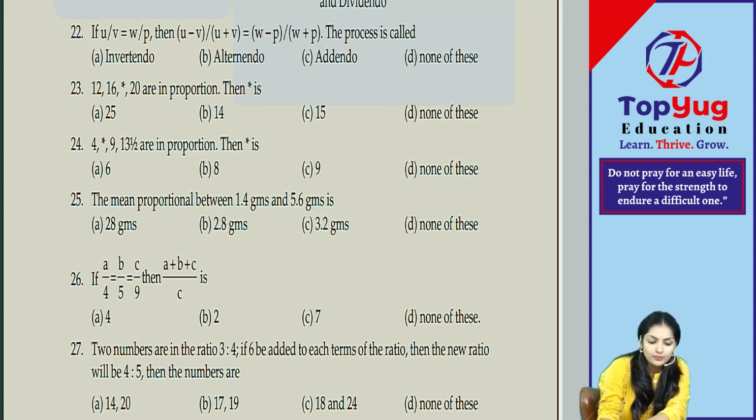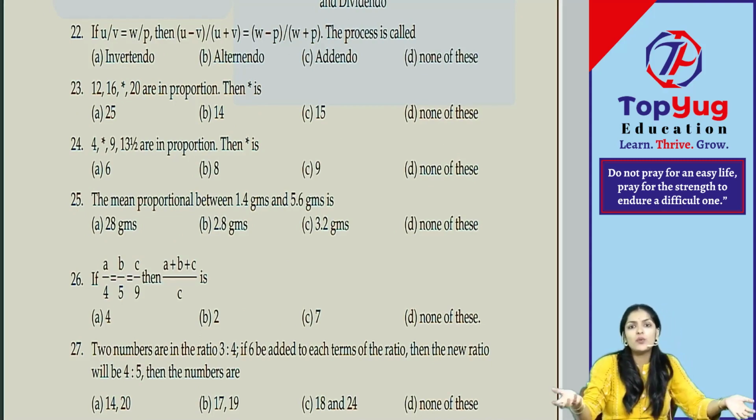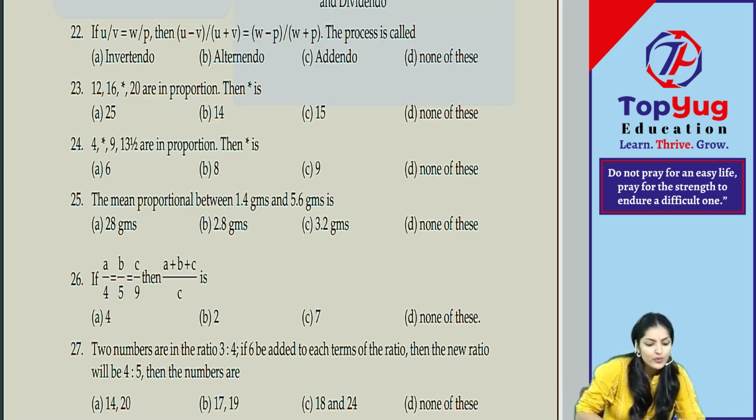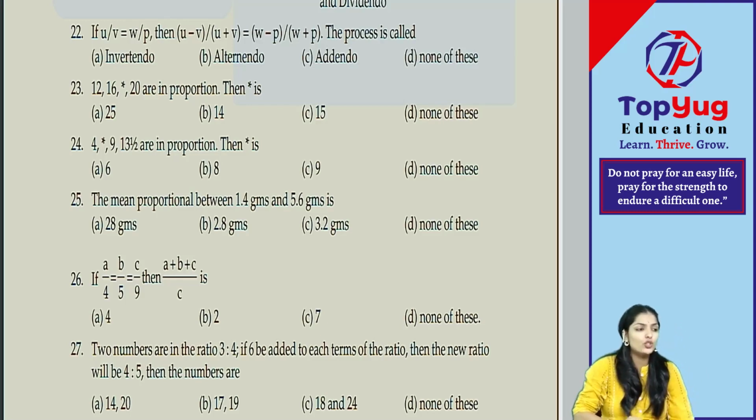Then B square is equal to AC, no? Answer to the 25th one: 2.8. Use calculators, ma. Make sure you are trying to save your time.